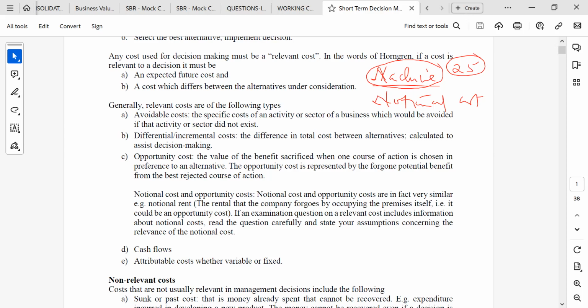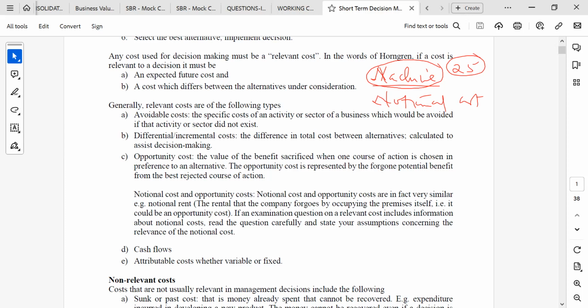So whenever you are given a notional cost in the question, you have to analyze it very well to see whether it will be an opportunity cost or not. If you're using your own machine, the question now is, if you don't use the machine on the project, can you use the machine somewhere to generate income? If that is the case, then there will be an opportunity cost for you using the machine instead of using it to generate income.